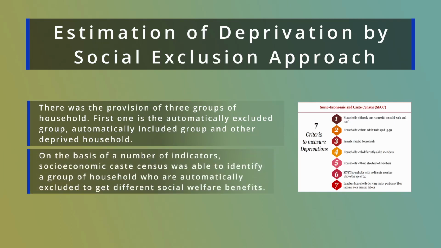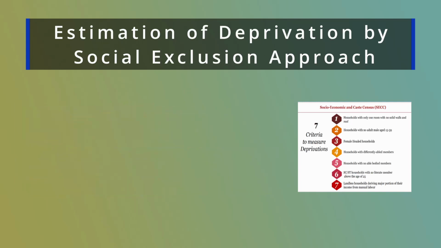On the basis of a number of indicators, the Socio-Economic Caste Census was able to identify a group of households who are automatically excluded from getting different social welfare benefits.